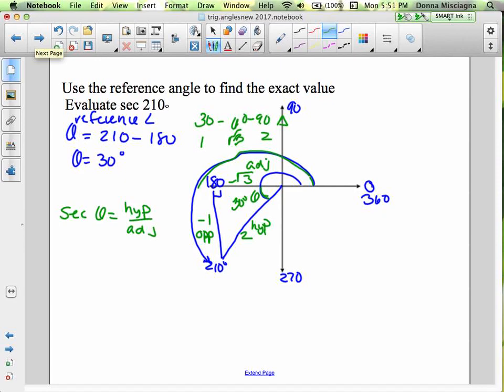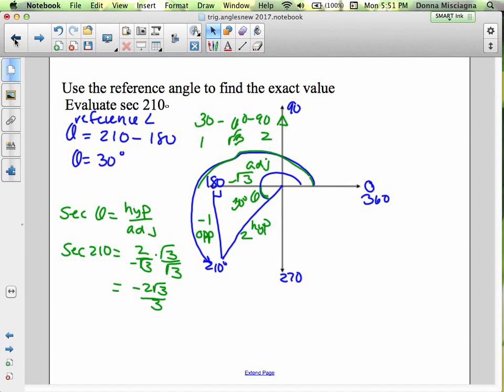So secant 210 is going to be, the hypotenuse is 2, and the adjacent is negative square root of 3. All we have to do is rationalize it, and we're done. So we have negative 2 square roots of 3 over 3 as our final answer.